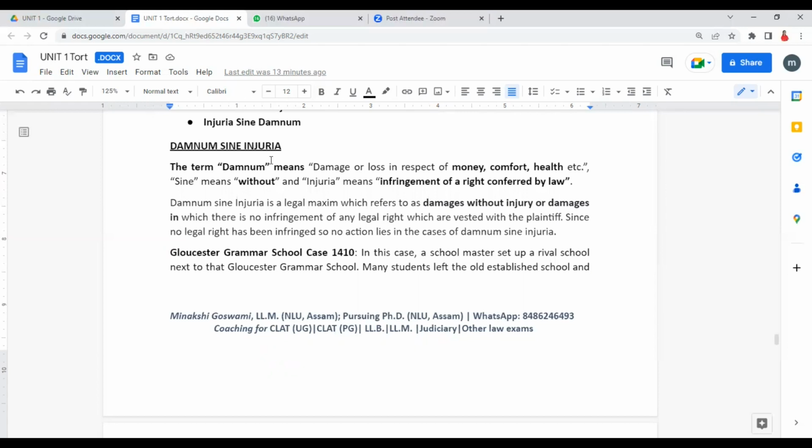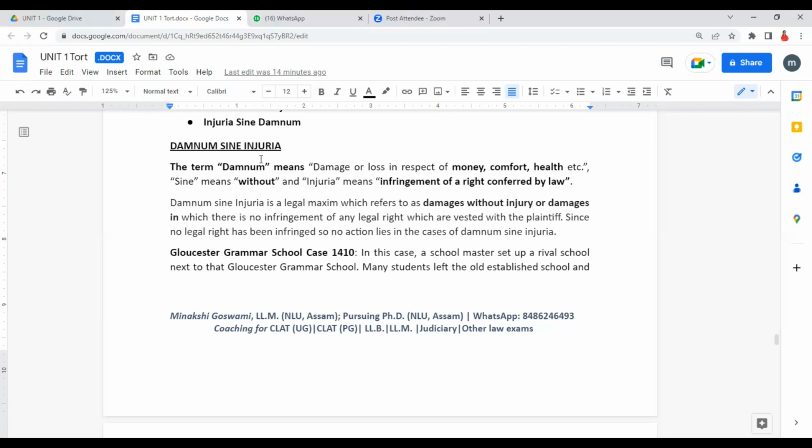So what does this first principle mean? It means that damage, as in some sort of loss that you have suffered, maybe in terms of money, comfort, health, reputation, etc., without injury, in which there is no infringement of a legal right vested in the plaintiff. As in, you have suffered some sort of damage that you can prove before the court, but none of your legal rights has been affected or violated.